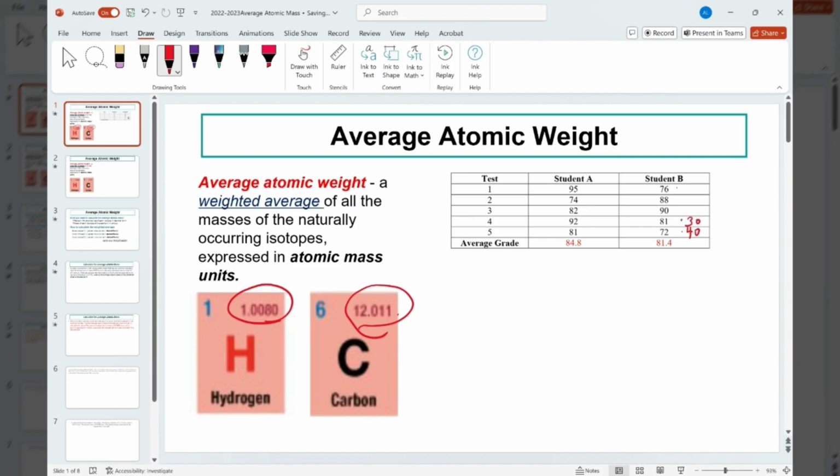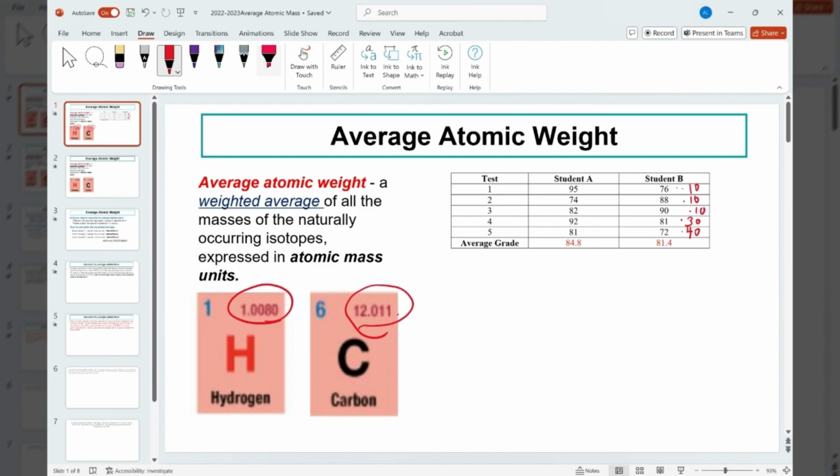So instead of having a final, the teacher is going to weight exams 4 and 5 at 30 and 40%, meaning they're placing more importance on those two tests. And let's say the teacher wants to weight everything else 10%. So a weighted average is placing a certain importance on a specific grade or on something.